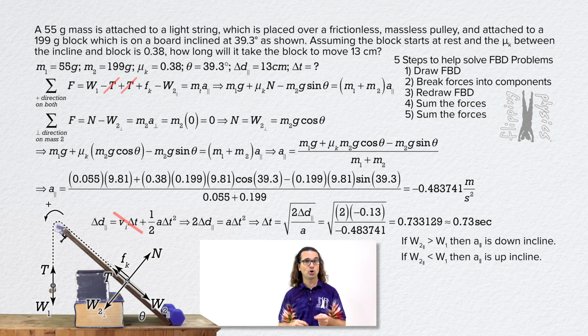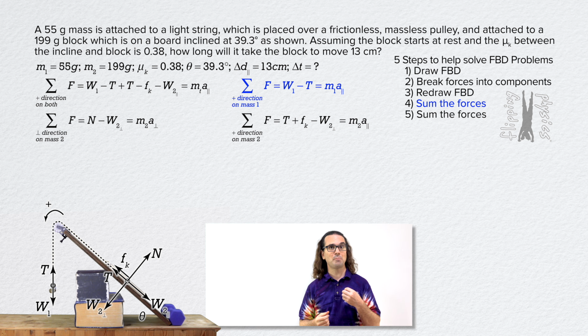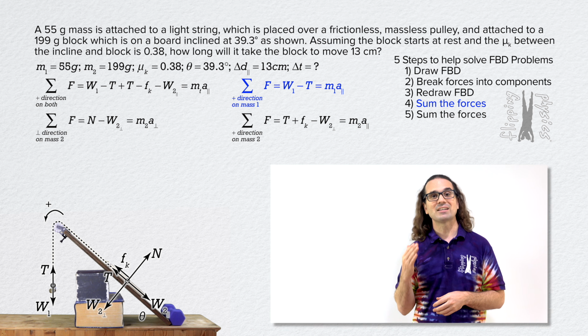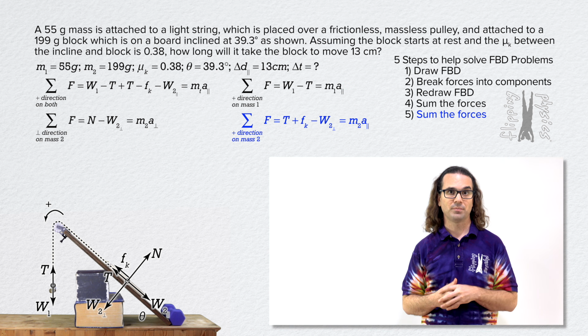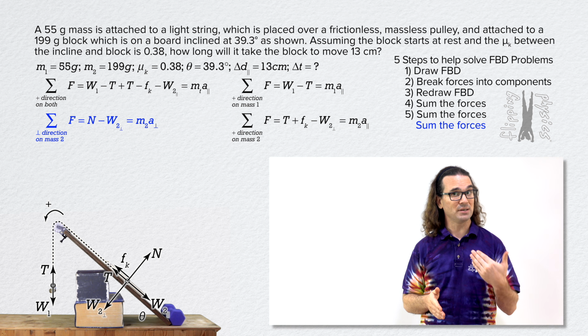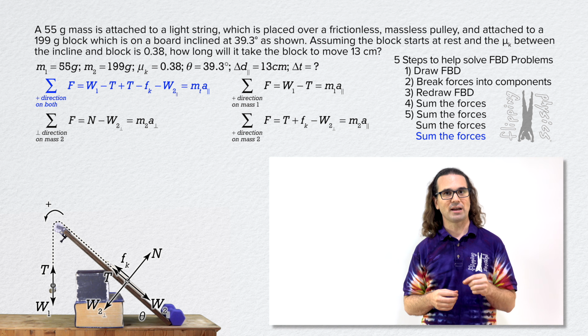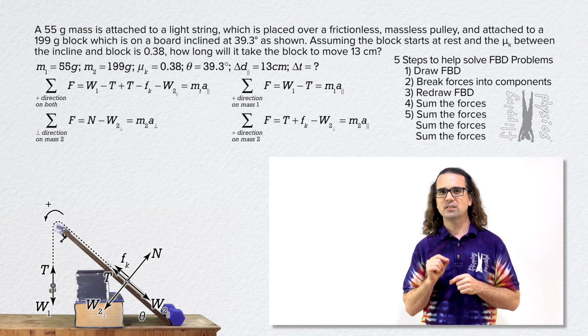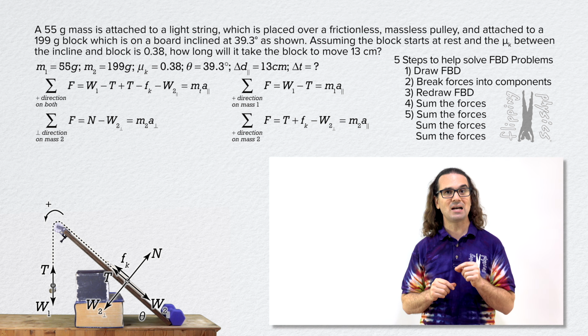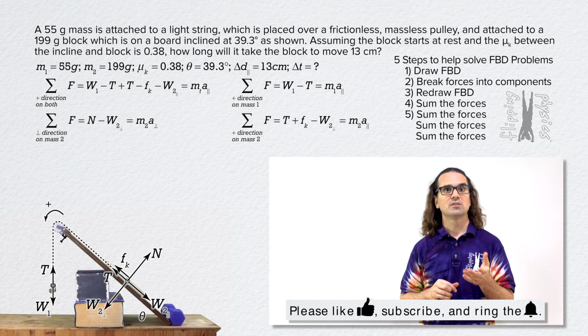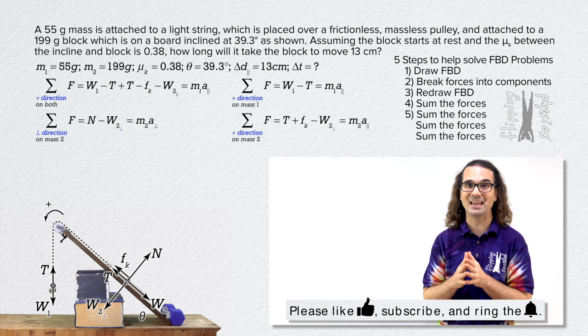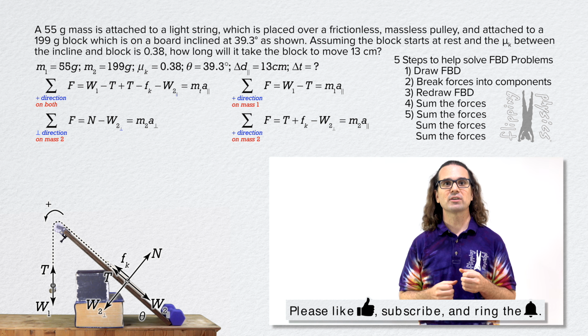In this problem, we could sum the forces on mass 1 in the positive direction, mass 2 in the positive direction, mass 2 in the perpendicular direction, and the whole system in the positive direction. You have to look at the situation and determine which of the possible objects to sum the forces on, and which direction or directions to sum the forces. And remember, you need to identify both the direction and the object or objects you are summing the forces on.